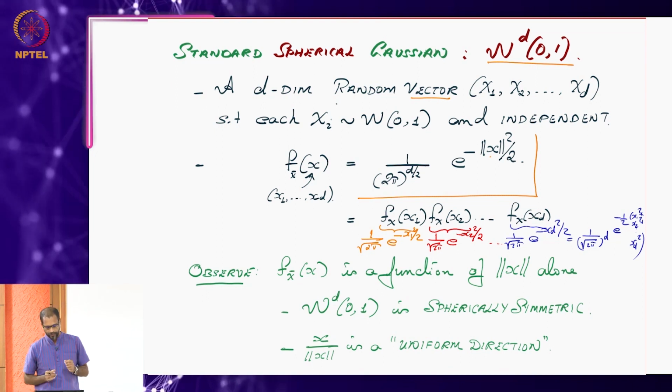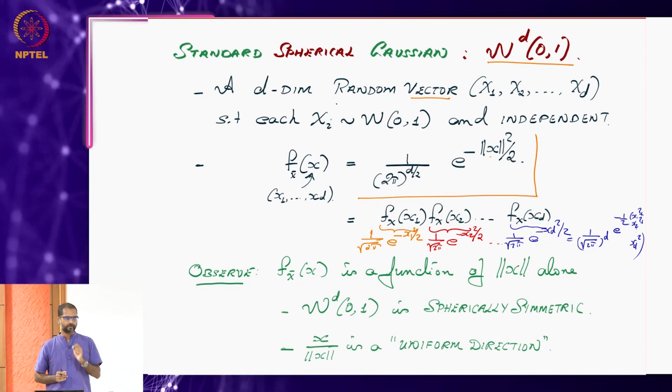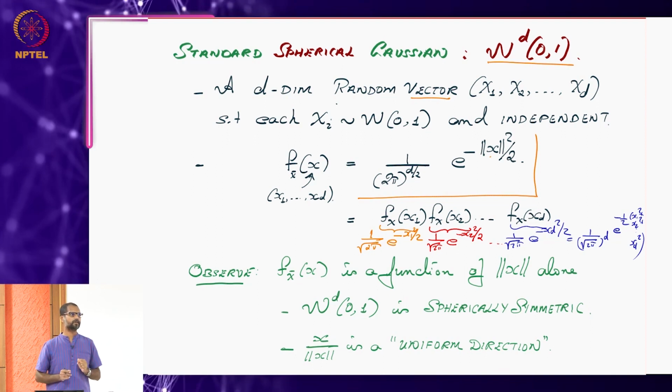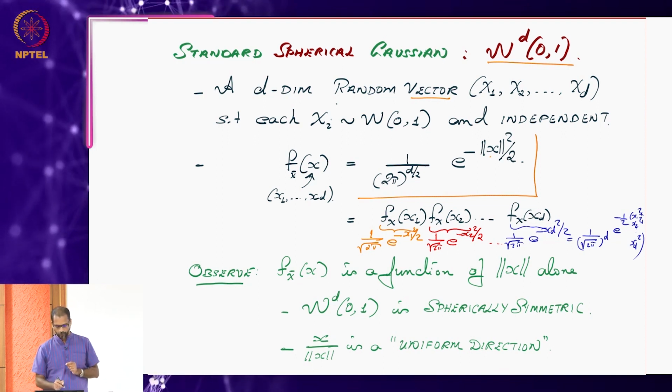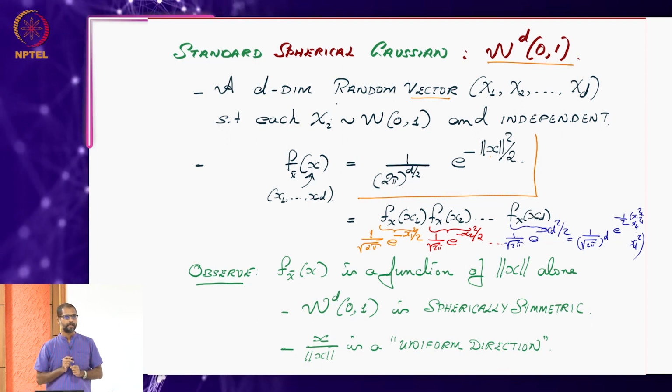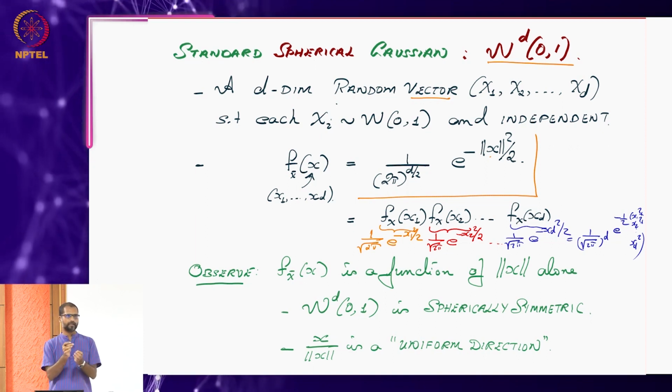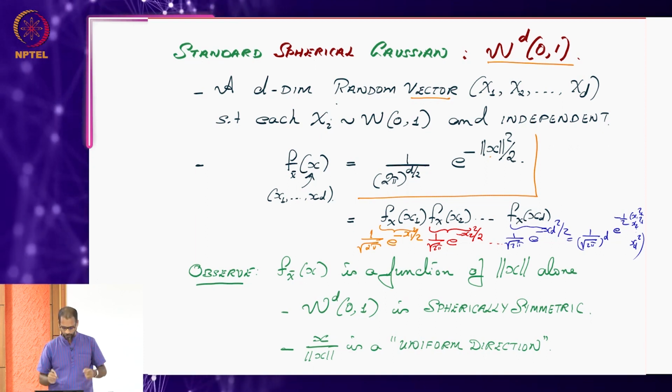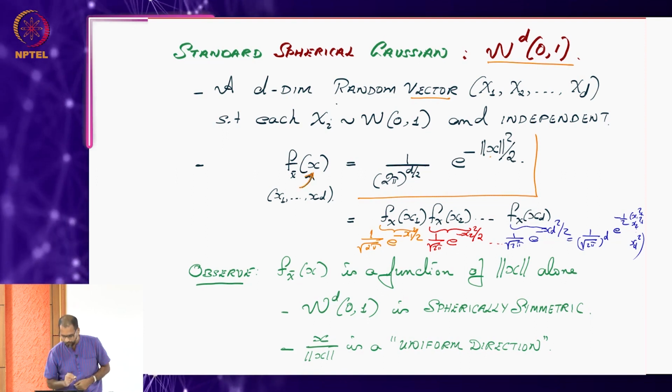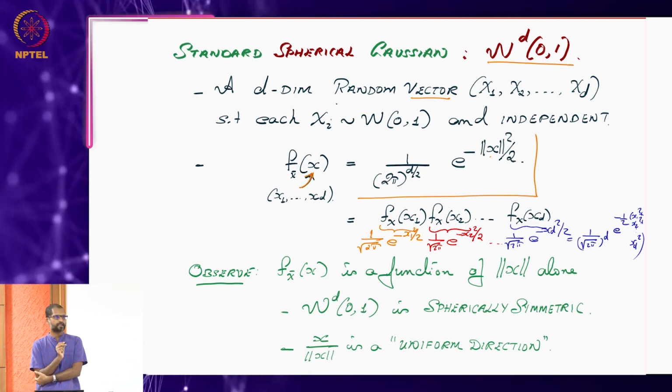Now, this particular Gaussian, the spherical Gaussian, has a very useful property, which is that if you look at its joint distribution, it is a function of this vector x. The x that is here is in fact a d-dimensional vector.